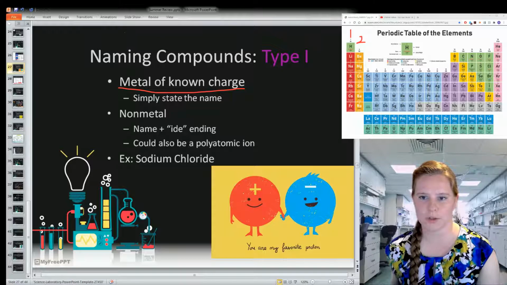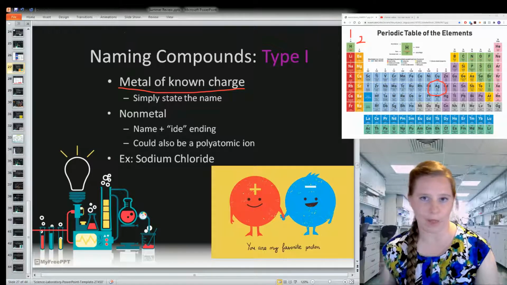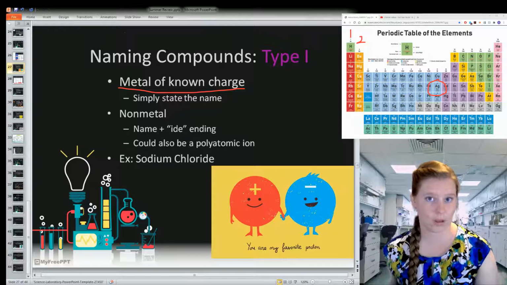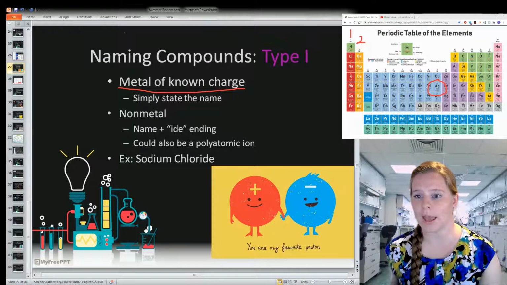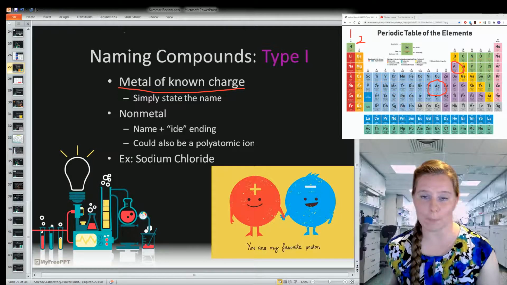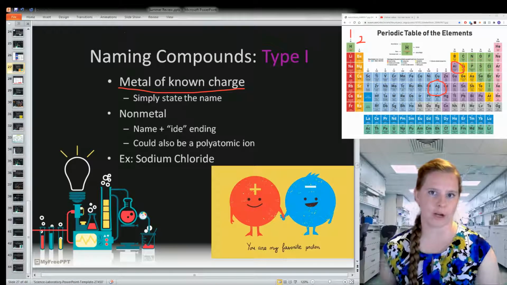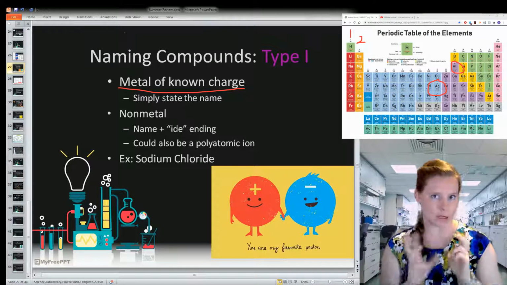Group 1 is a charge of +1, group 2 is a charge of +2. That could also include silver, which you're supposed to know has a charge of +1, very good. And aluminum, which has a charge of +3, okay? Good, so you need to know those charges. Those are all metals; we know the charge. There are some others that some different curriculums might throw in there as type 1 that we know the charge of.